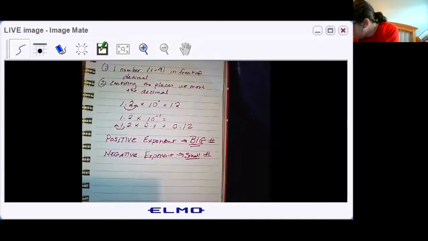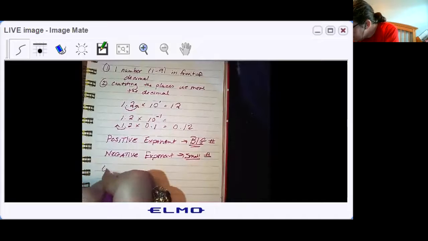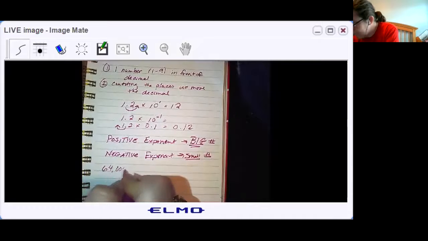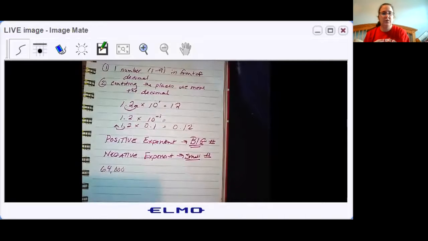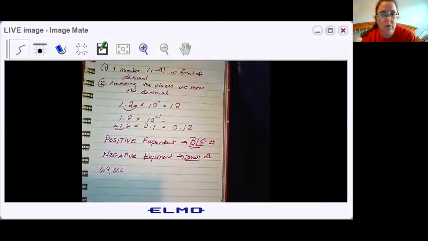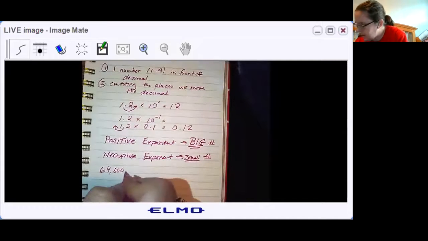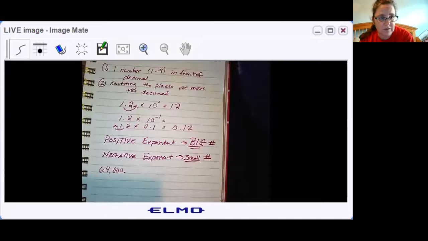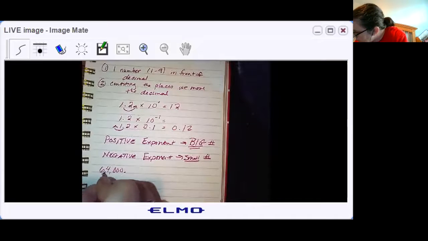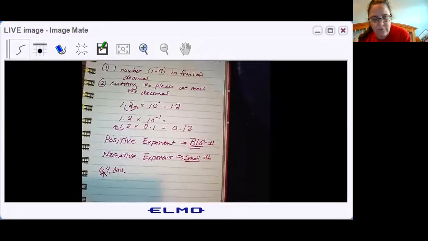Okay, so let's start this out. If I have the number 64,000, the first thing I want to do is have only one number in front of my decimal. Well, my decimal's starting out here, whether it's written in or not. But in my scientific notation form, I only want one number before that. So I'm going to move my decimal between the 6 and the 4.